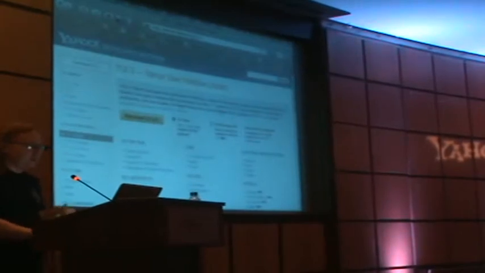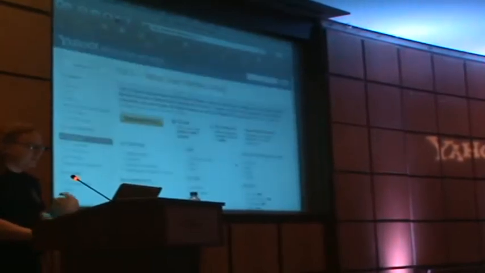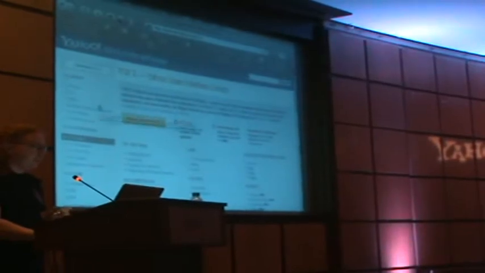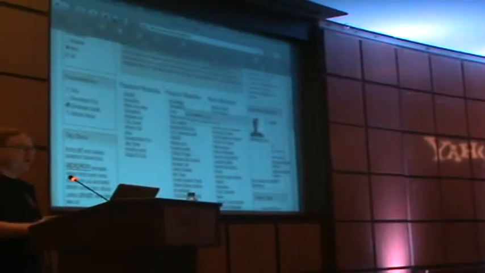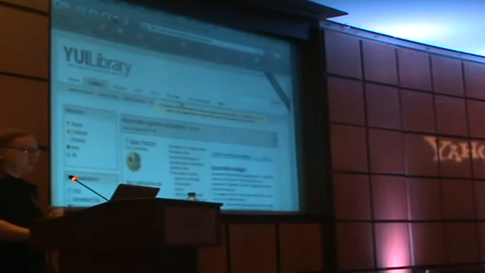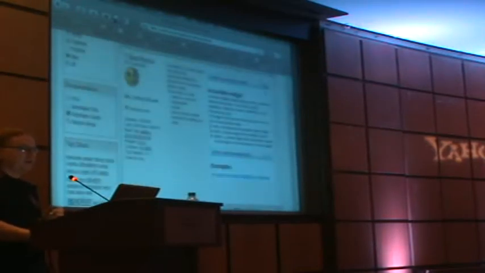And YUI 3 has this wonderful gallery, which I said before that in YUI you can write your own extensions. You can do your own things. So on YUIlibrary.com is a gallery where people write their own extensions to YUI. So for example, you have an accordion menu, which is not part of the normal one. So you can actually see this in action.